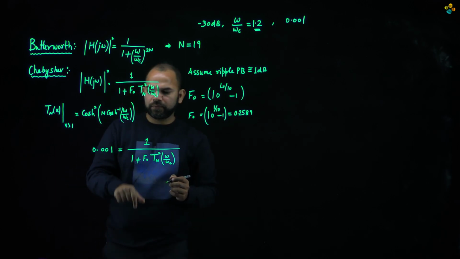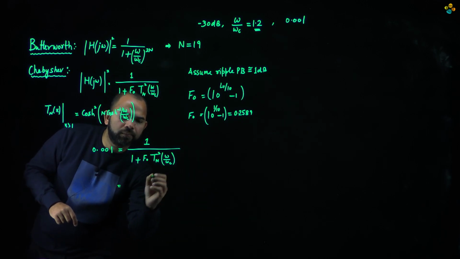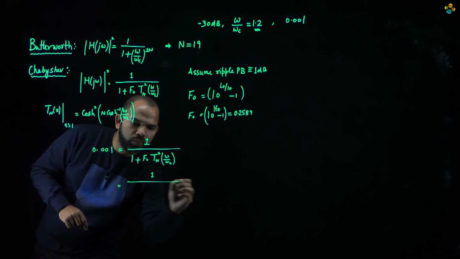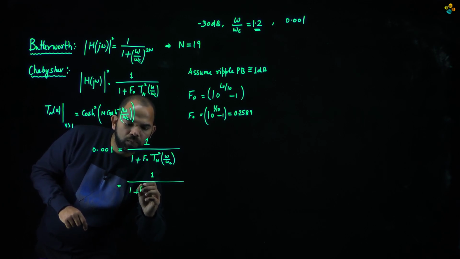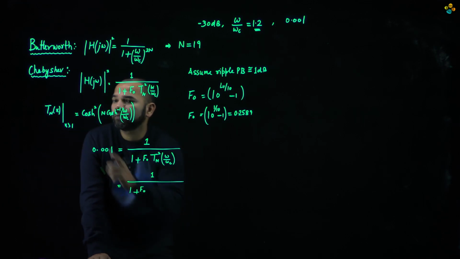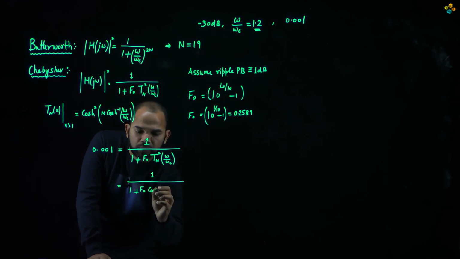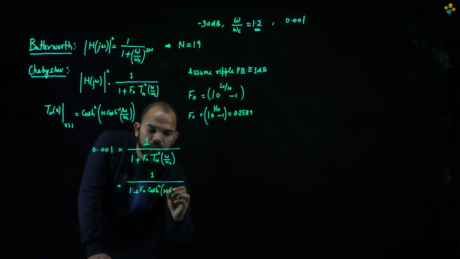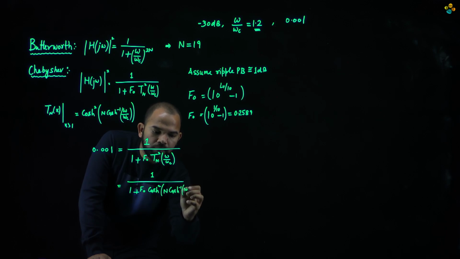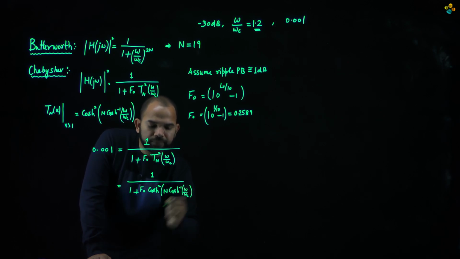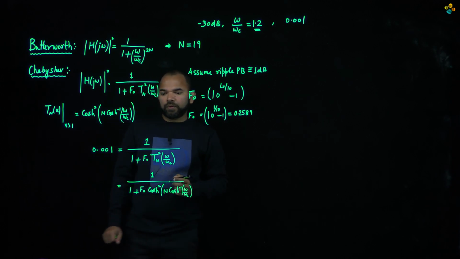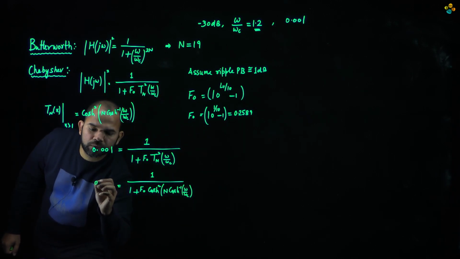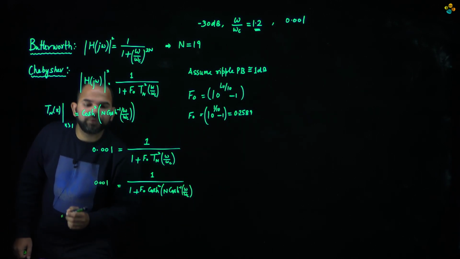So if we put this value here, with f naught, the new definition is cosine hyperbolic square n cosine hyperbolic inverse of omega upon omega c. Okay? And this is equivalent to this value.